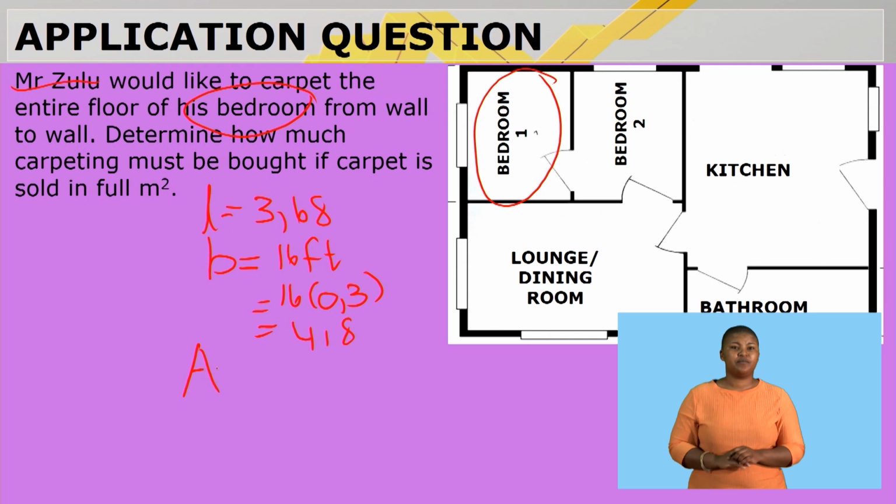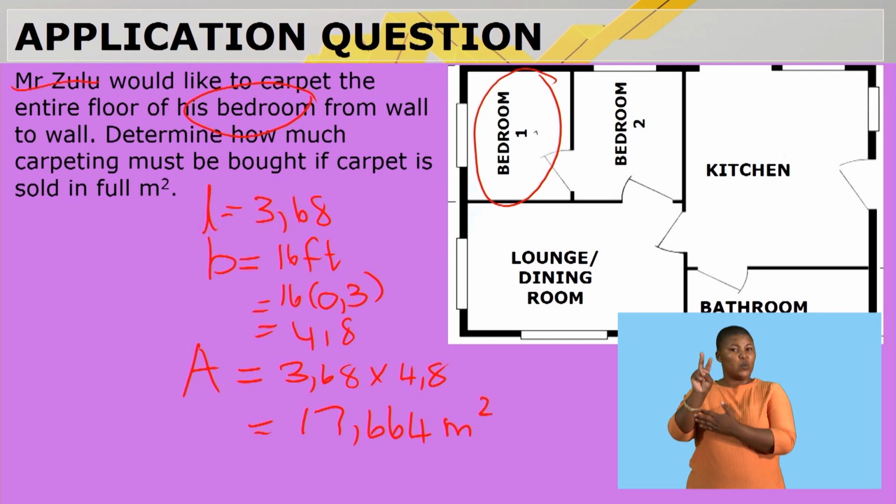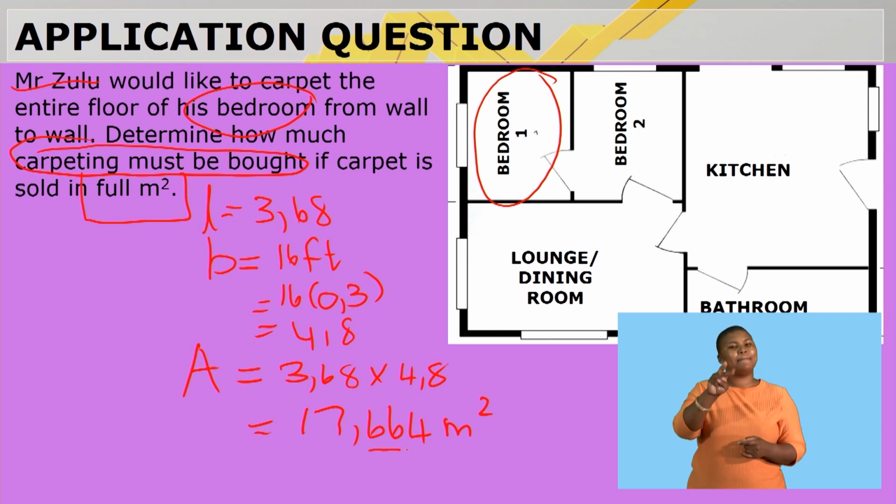So the area that he will be carpeting is going to be 3,68 times 4,8. And that is 17,664 square meters. But now, remember, the question is, determine how much carpeting must be bought if the carpet is sold in full square meters. So it's 17,664, and therefore we need to buy 18 square meters.